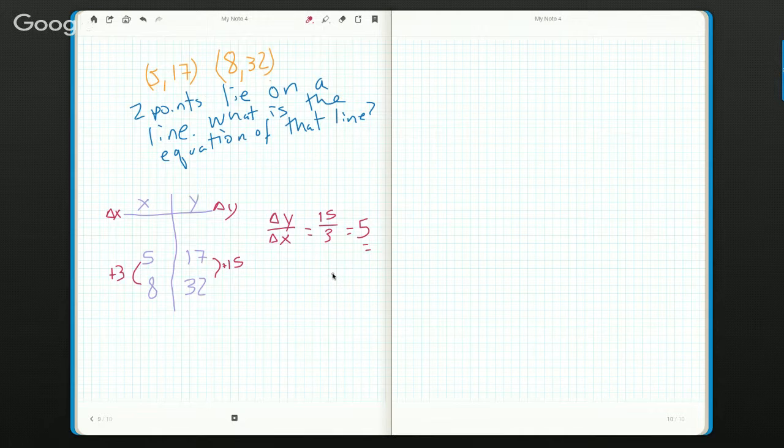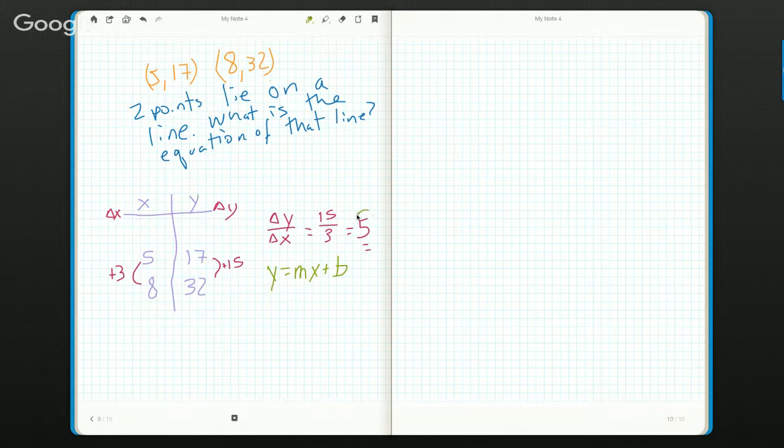Now there's 2 ways you can go about this. Let's start here. The equation of this line, because it is a line, is y equals mx plus b. All lines have this formula where m is the slope and b is our y-intercept.